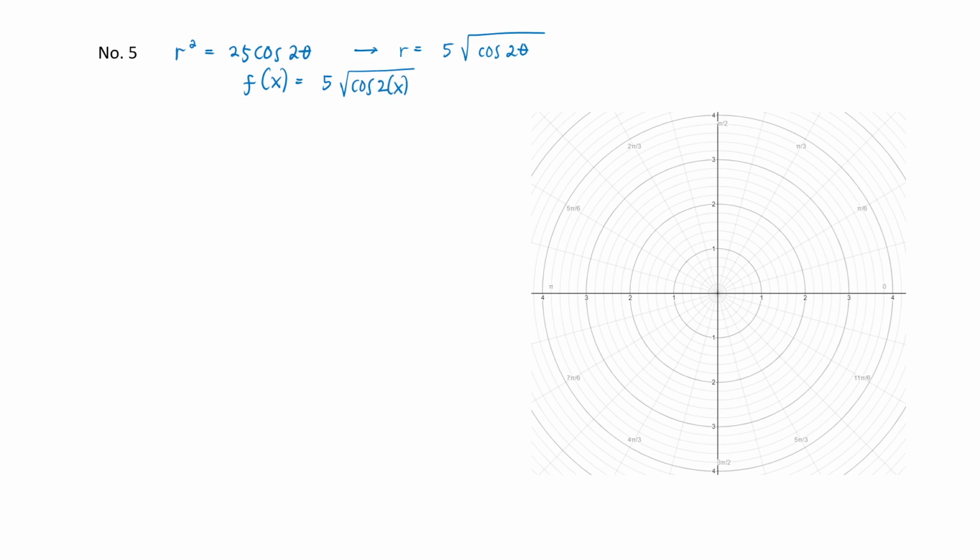You can do this in this aspect also, x against f of x. I will put this on the right side so the graph shows up here, then erase. So again, 5 square root of cosine 2 alpha x.